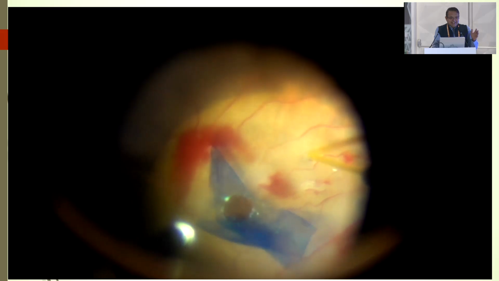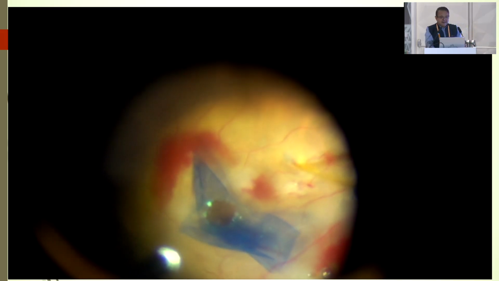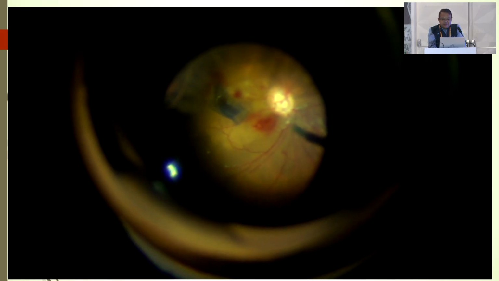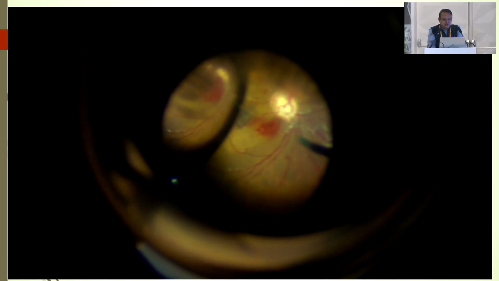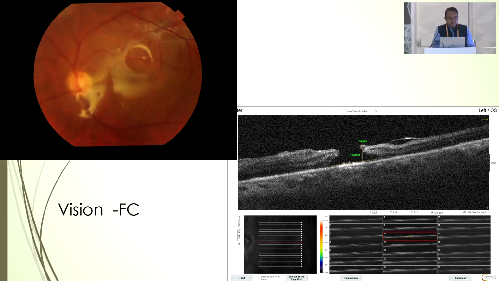It's very easy to say the retina is detached, but detaching an attached retina is difficult and it takes time. Once the procedure is done, I go ahead and do a fluid air exchange, and you can see the post-operative results. This is the 2 weeks post-operative result. The macular hole is closed, and this patient improved from finger count to 6/24 vision.